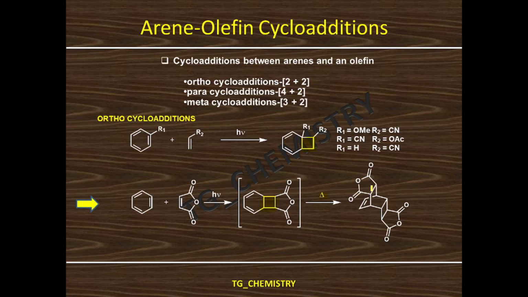Then the two molecules of maleic anhydride get attached to a six-membered ring structure having an olefin in it. This is one molecule, and this is the other molecule of maleic anhydride, which is attached to the benzene ring. So these are a couple of examples of ortho cycloadditions.